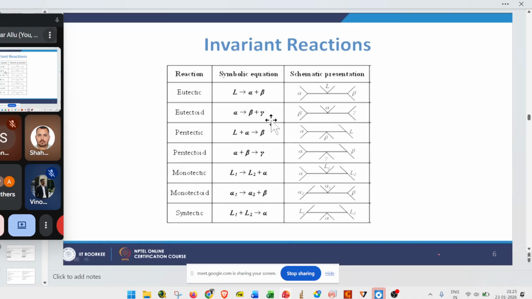This is called a eutectoid reaction. Peritectic reaction is when a liquid plus a solid phase converts into another solid phase. Peritectoid is the two different solid phases.